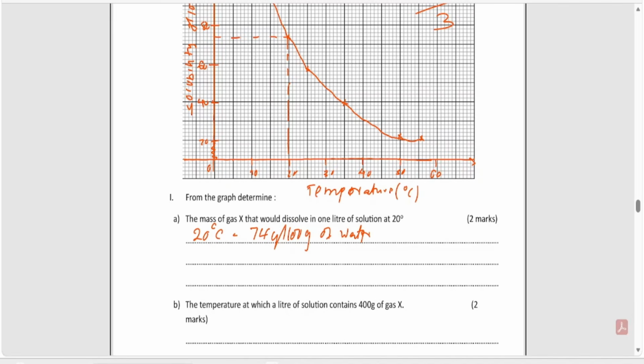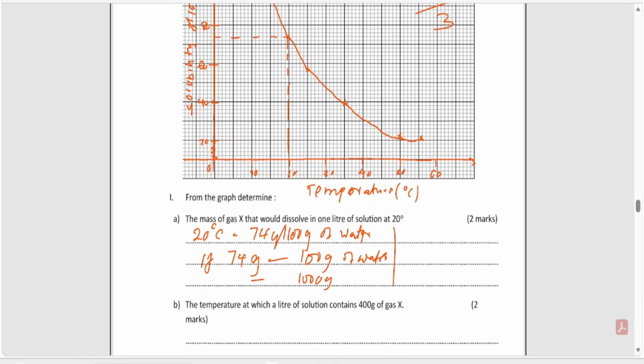So I'm being told to determine the mass of gas X that will dissolve in 1 liter. If 74 grams were dissolved in 100 grams of water, I ask myself, what about 1,000 grams of water?